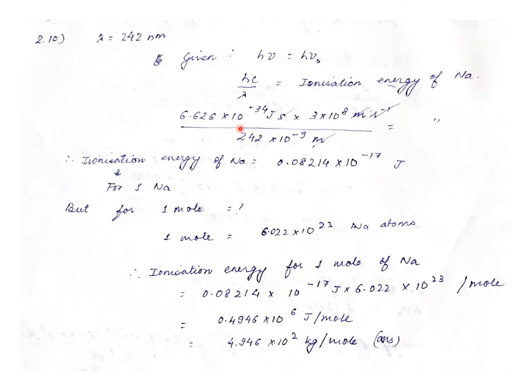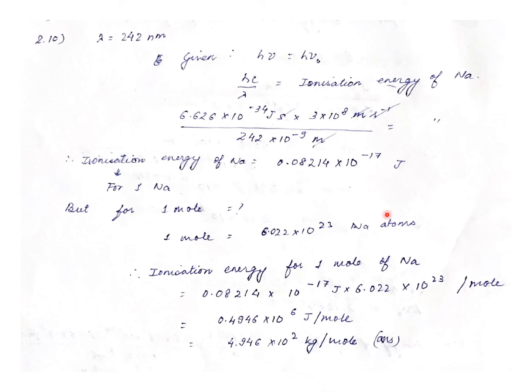When you calculate this by putting in the values of hc and lambda, you will get the ionization energy of sodium in joule. But this ionization energy is for one sodium atom, and in the question you need to find the energy in kJ. The question asks for the answer in kilojoule per mole.